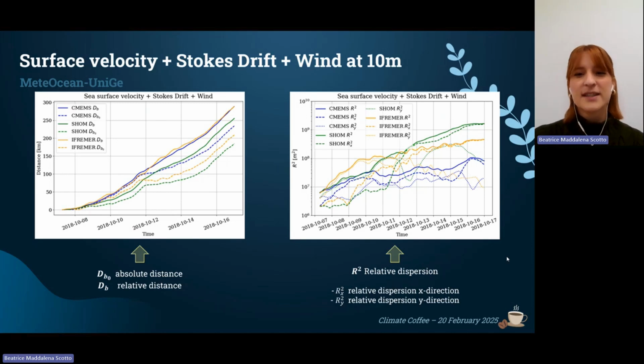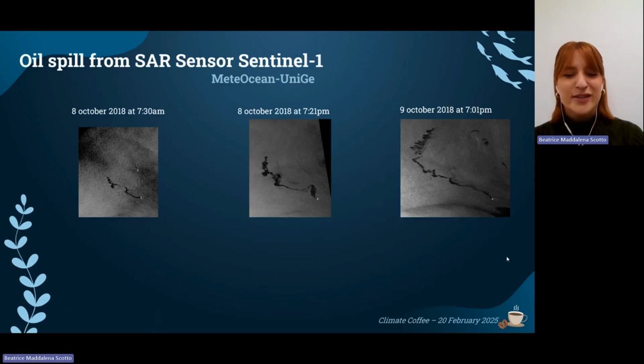And as you can see, this graph gives us an entity on the spreading that the particles had. And we can see that, for example, the Shom models had an order of magnitude more than with respect to the Siemens models.